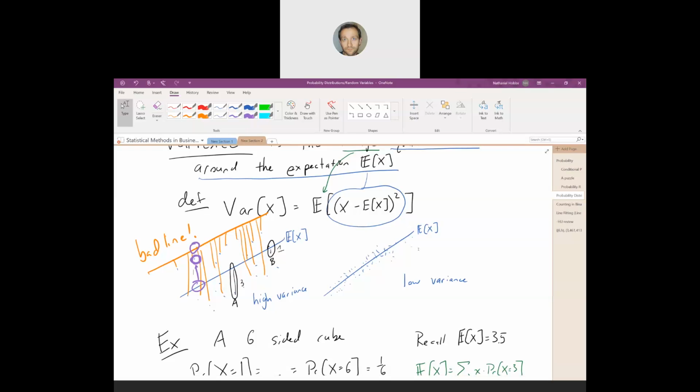Squaring, because it doesn't matter if the point is above the line or below the line. The point is far away from the line. So that's one of the reasons for having a squared value. By squaring things, there's no negatives. You can't have one point above the line canceling out a point below the line. They both are bad, and so if you square it, the line is penalized for both. Gotcha.